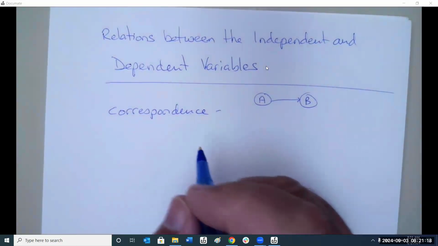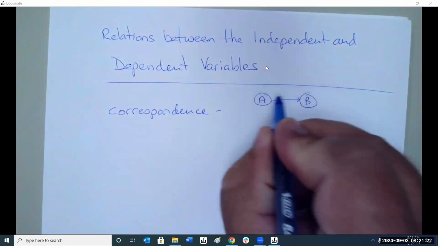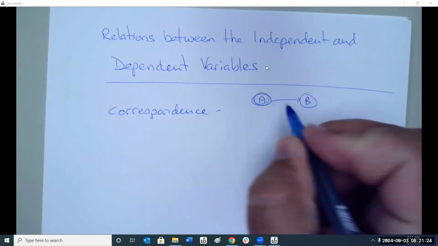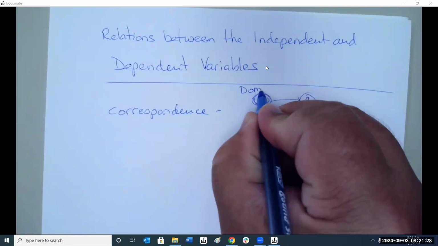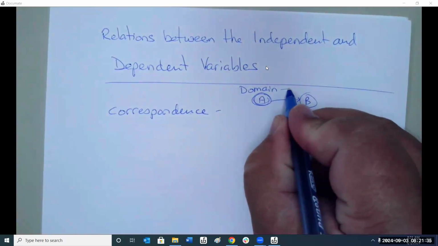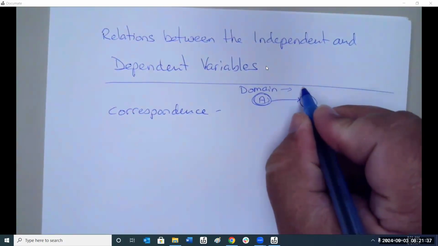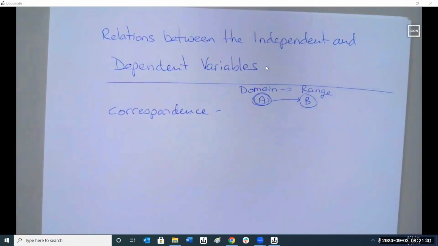So a correspondence, when it comes to mathematics, we call the sender, the beginning, the domain. And the person or the entity it's sent to is called the range.